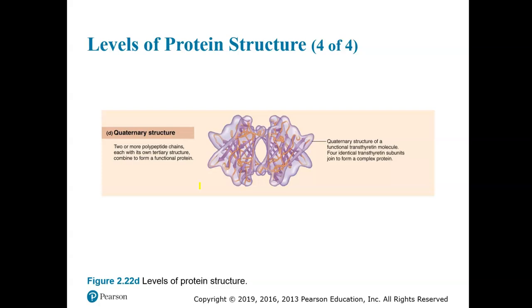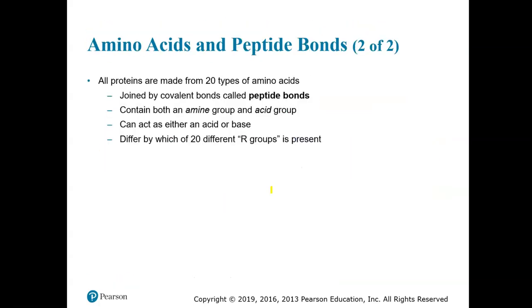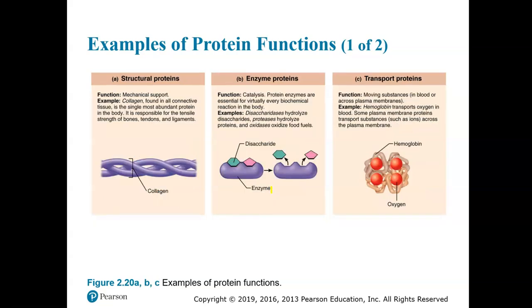Now, some proteins are even more complex, and that is when you have 2 or more tertiary structures chemically linked together. So that is when you have the quaternary structure. So let's go back. This is showing you the different types of proteins. We have structural proteins like collagen. We have enzymes. We have transport proteins like hemoglobin.